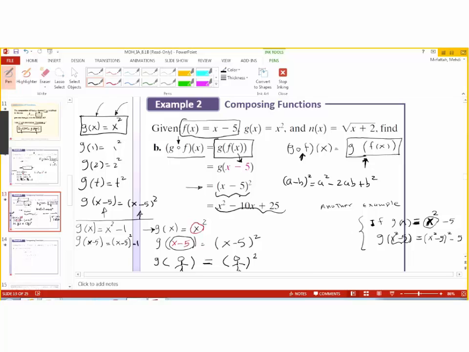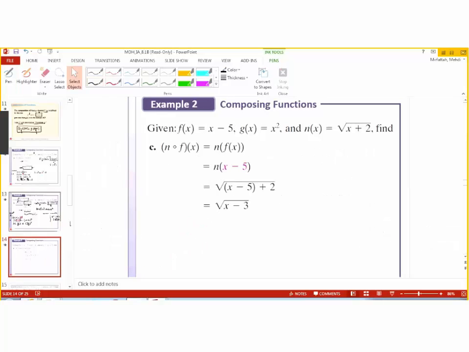So g function of f function of x. That's what the g in parentheses f inside parentheses x. Yes. That's what this is.